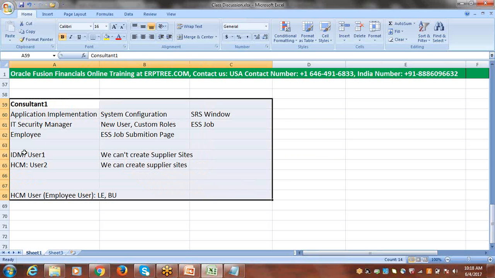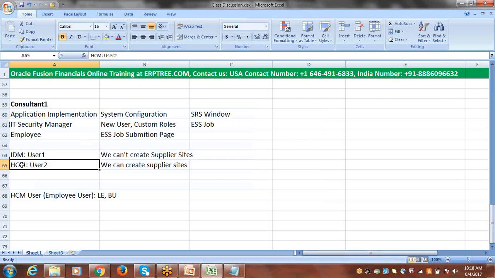And once we are ready with the legal entity and business unit, then we'll create the HCM user, and we can assign all these roles to the HCM user, so that these roles will give these different privileges. Along with that, the additional privilege you get from the HCM user is supplier site creation.